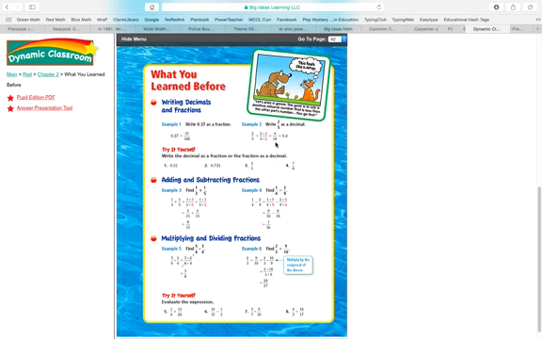And we know that with 10 as the denominator we would say this as 4/10. And so it would be easy to translate that into a decimal, 0.4. Okay?